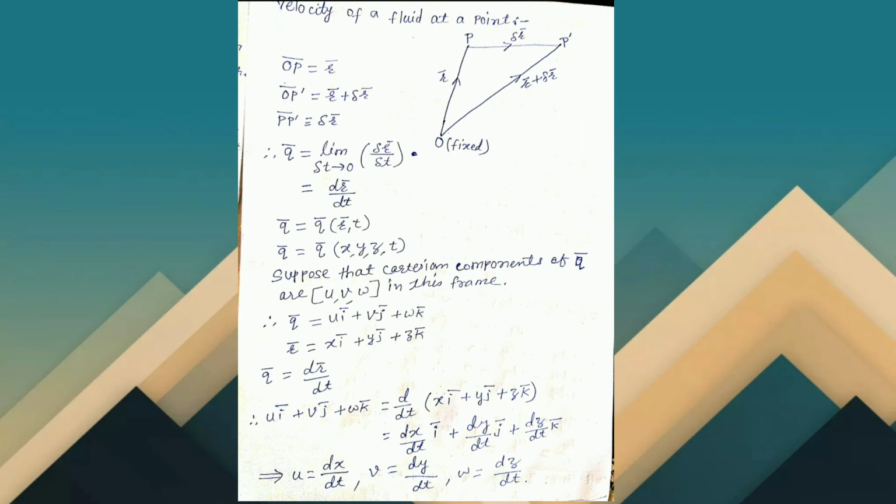Comparing, we get u is equal to dx by dt, v is equal to dy by dt, and w is equal to dz by dt.